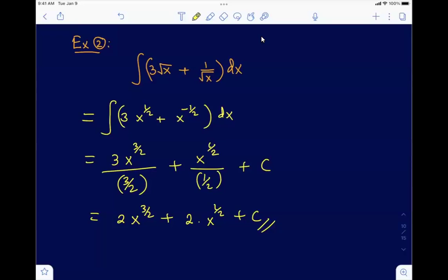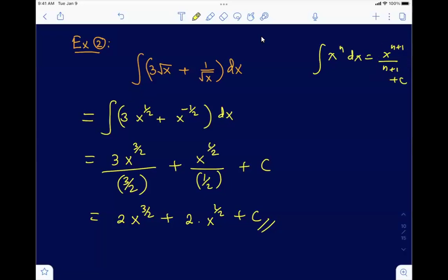Now the power rule itself is x to the n. x to the n, when integrated, will result in x to the n plus 1 over n plus 1, then plus c, right?